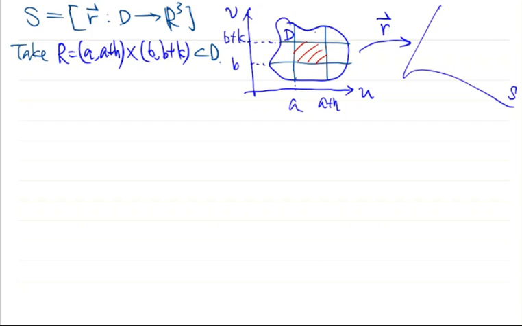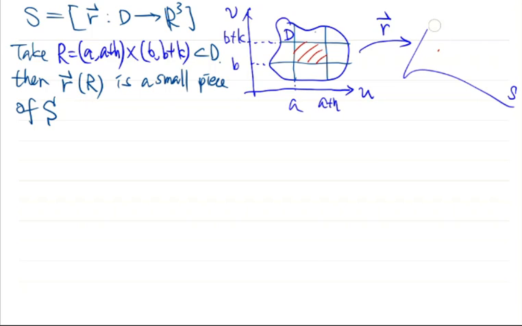Consider this small rectangle. Then the image of this rectangle R under our map R is a small piece of S. The image of this small rectangle is this.